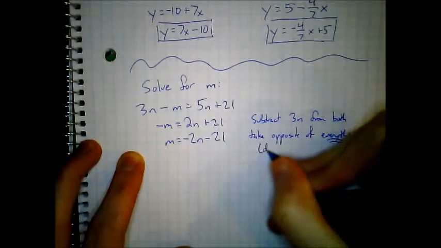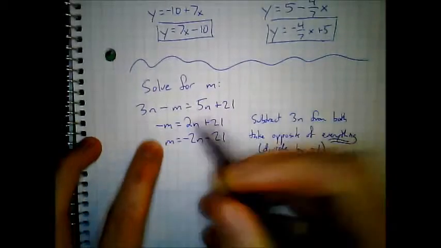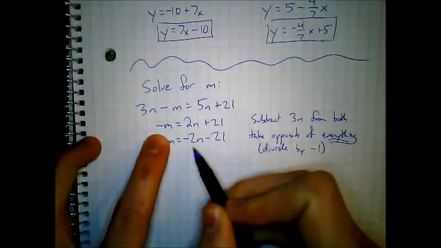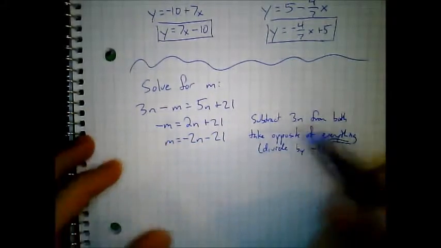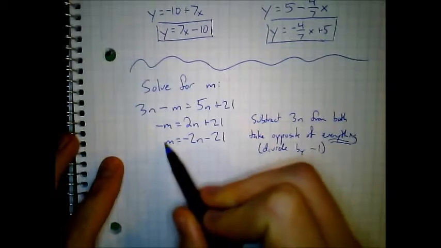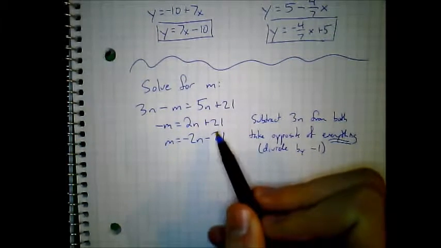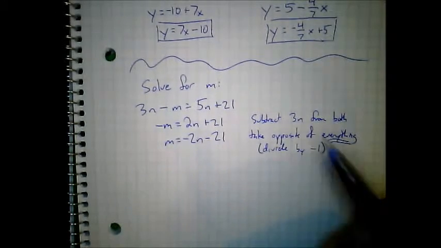And this is the same as dividing by negative 1. So we have a negative 1m here. So 2n divided by negative 1 is negative 2n. 21 divided by negative 1 is negative 21. Or we could just think, I just want to take the opposite of everything, because the opposite of m equals 2n plus 21. So regular positive m equals negative 2n minus 21.